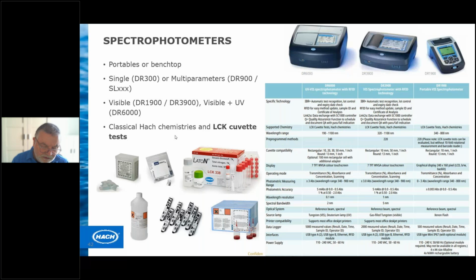The DR3900 and the DR6000 are both benchtop spectrophotometers that offer advanced features ensuring the highest quality measurements, maximum ease of use, and complete traceability. The DR6000 also allows measurement in the UV and offers a better wavelength resolution.